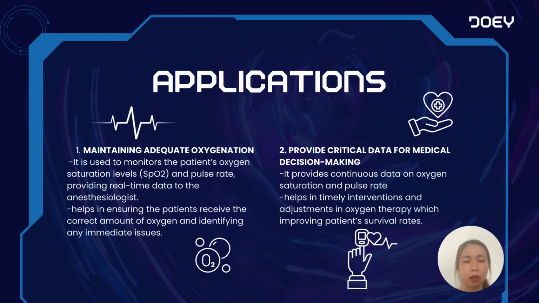Besides that, pulse oximeter also provides critical data for medical decision making. It provides continuous data on oxygen saturation and pulse rate, and also helps in timely intervention and adjustment in oxygen therapy, which improves the patient's survival rate.